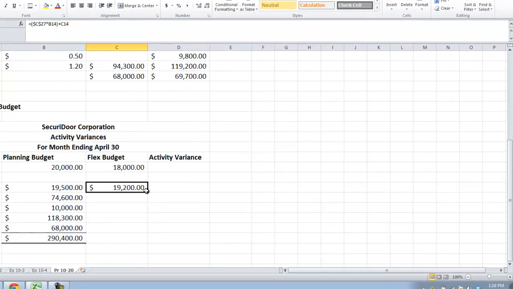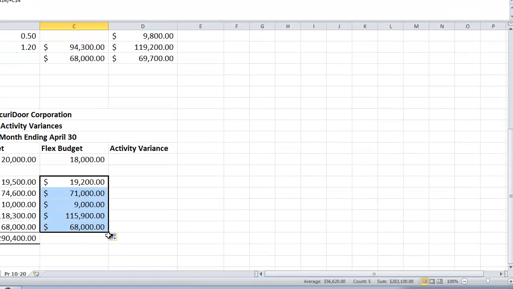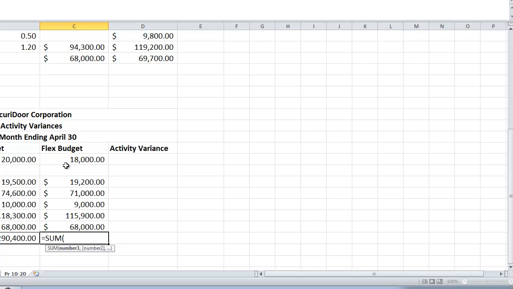Again, I should now be able to drag this formula down. If you come up with funky numbers that don't make sense, you probably forgot to hit F4. F4 makes the constant, so it keeps going back to this 18,000 and multiplying. To get the total expenses, we add this together.